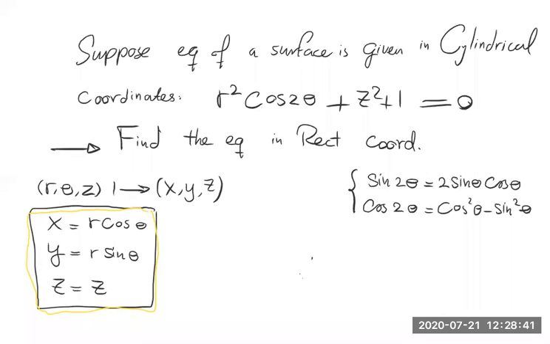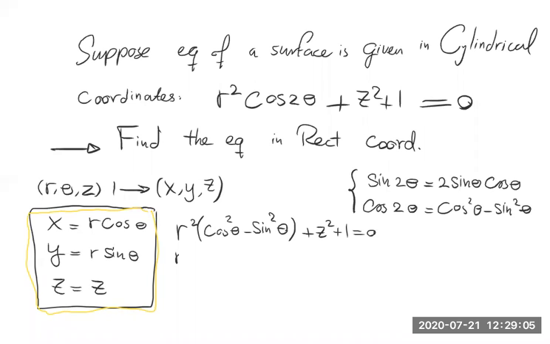Okay. So r squared times cosine of 2 theta. I would first plug in the value for cosine of 2 theta. Cosine of 2 theta is cosine squared of theta minus sine squared of theta, plus z squared plus 1 is equal to 0.